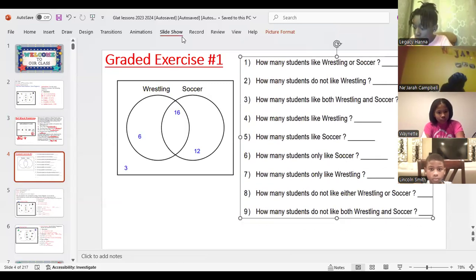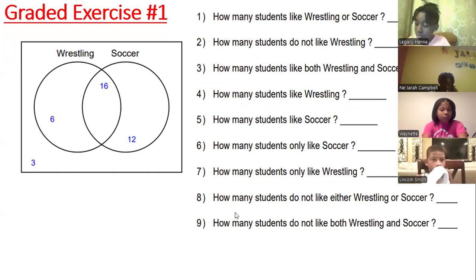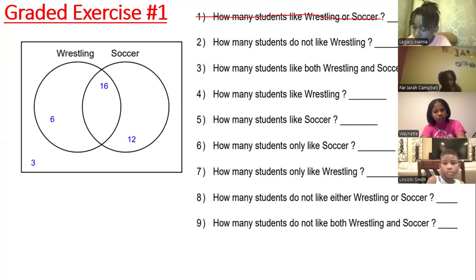All right, question number 1 says, how many students like wrestling or soccer? How many students do not like wrestling? Wait, let me change these questions. Sorry. Don't do number 1. Don't do number 2. All right, do number 3. So number 3 is the new number 1.